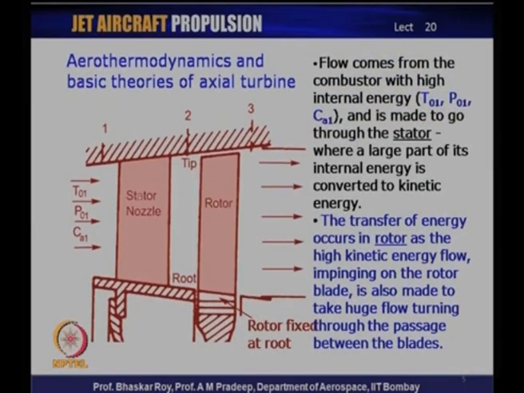This rotor, and if you take r from the axis of rotation, any section or reference midsection that you are taking would have rotating speed u, which is omega into r, omega being the angular velocity of this rotor, and r is the radial station at which this particular section we are looking at is rotating.